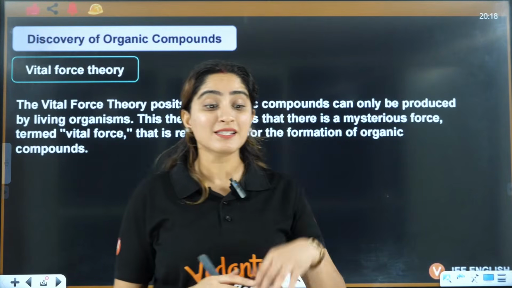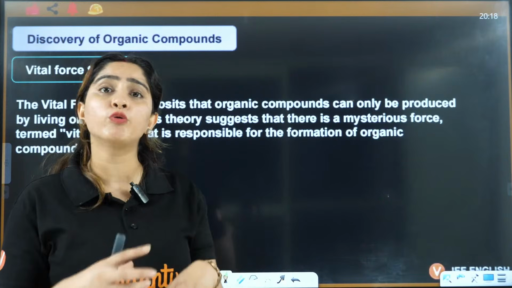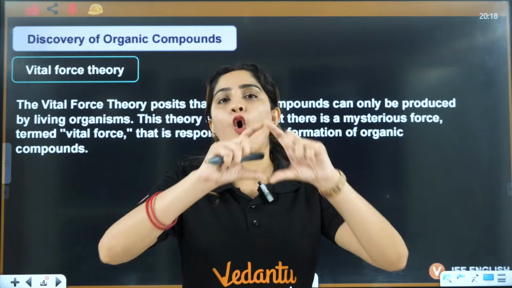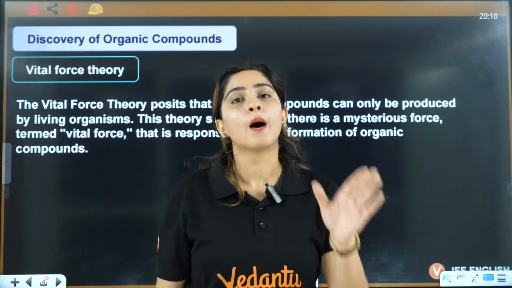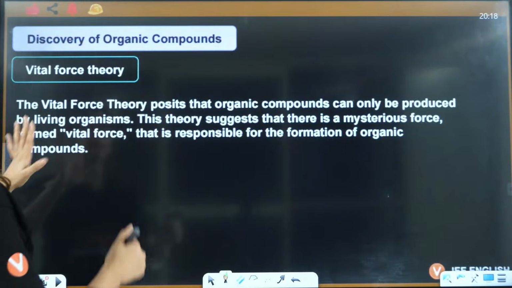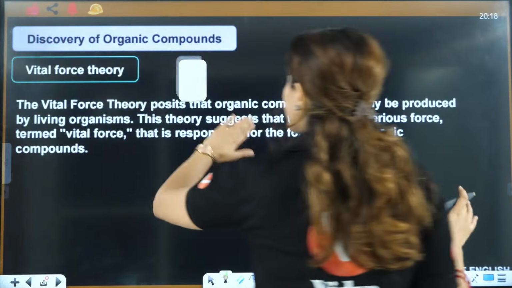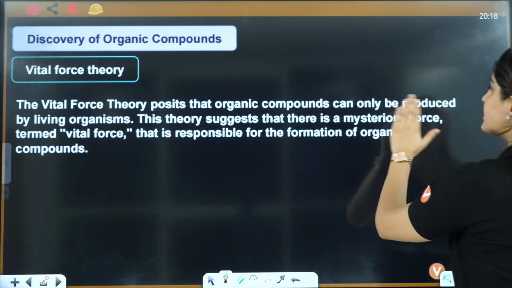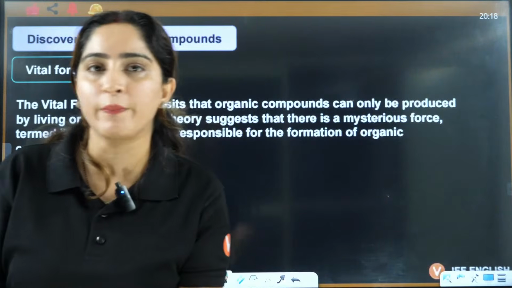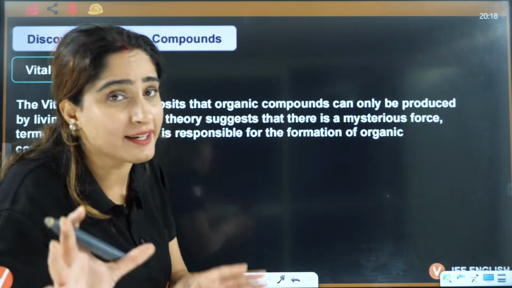When scientists found that there are some compounds of carbon found from natural resources, that's why they named it organic chemistry. But before that, there was this vital force theory. Vital force theory states that organic compounds can only be prepared by living organisms. In labs, we cannot prepare organic compounds. That is why this name, organic compounds, is given.